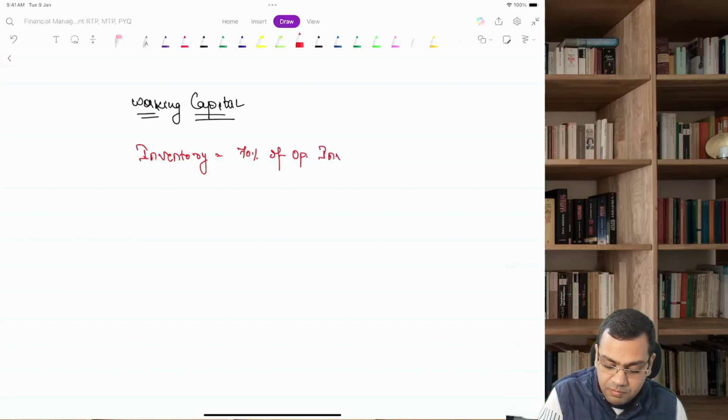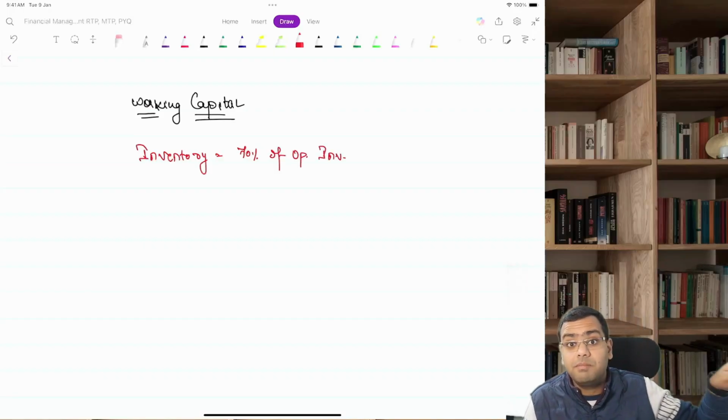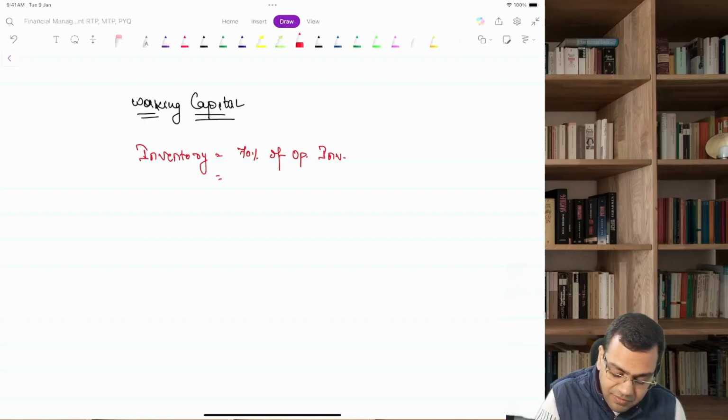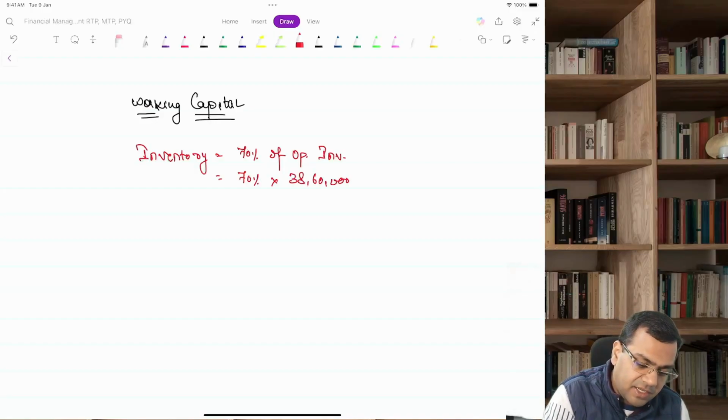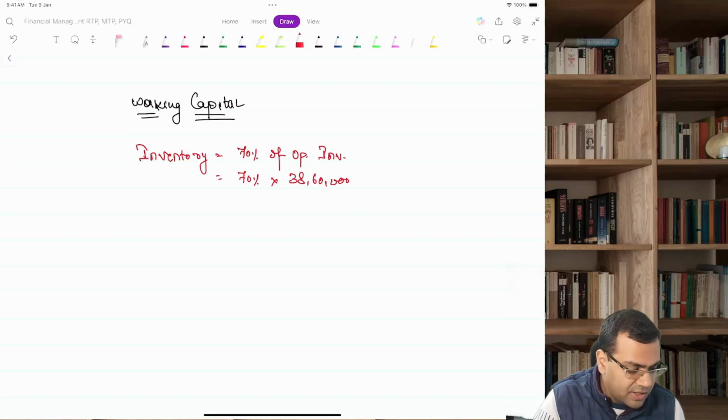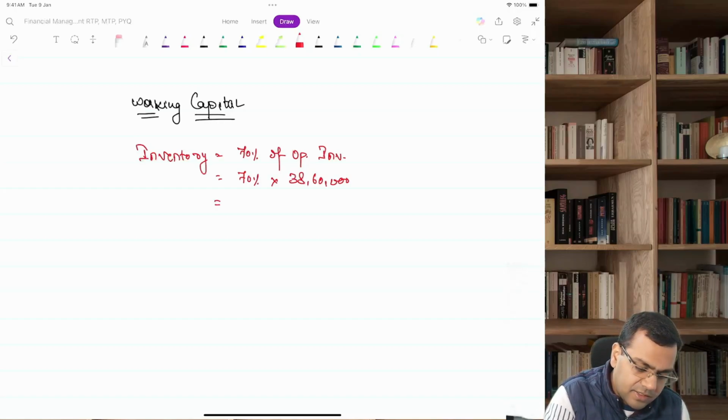So what will be your opening inventory? That will be closing of the previous year, right? And previous year values are given to you. That is 38 lakh 60,000. So 70% of 38 lakh 60,000, 70% of it will come to... wait, 38 lakh 60,000, okay.